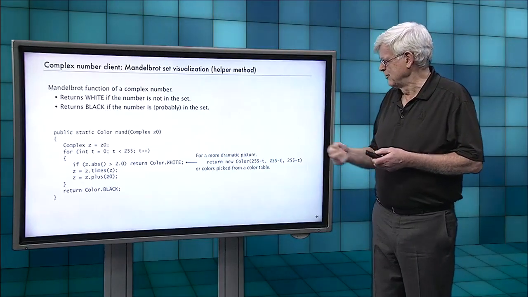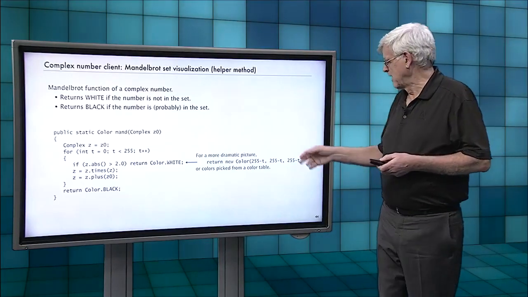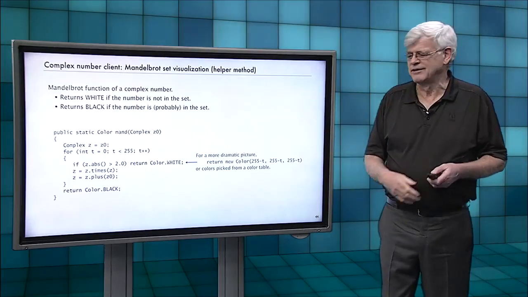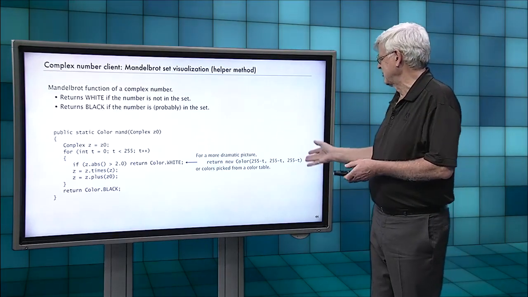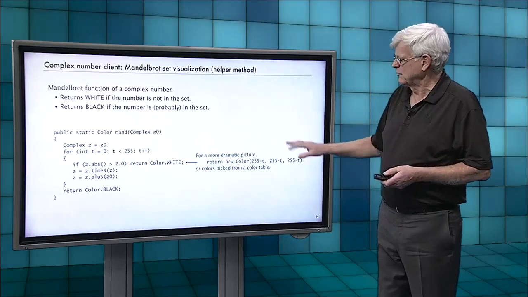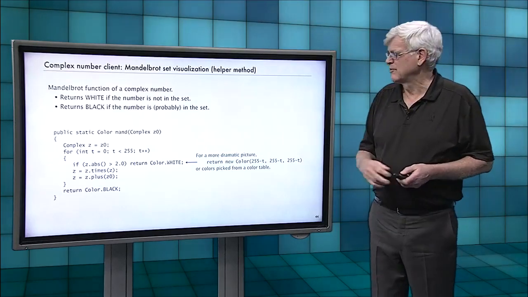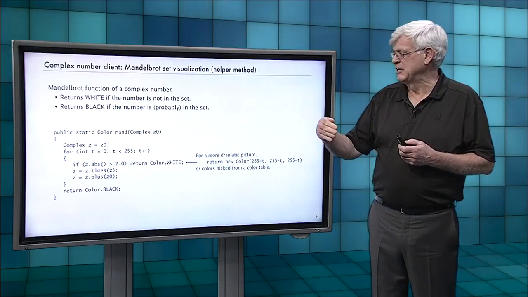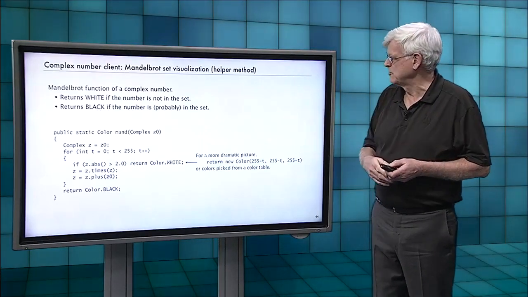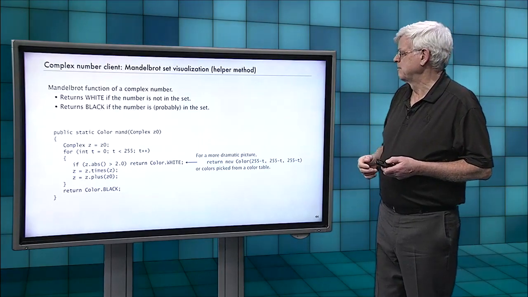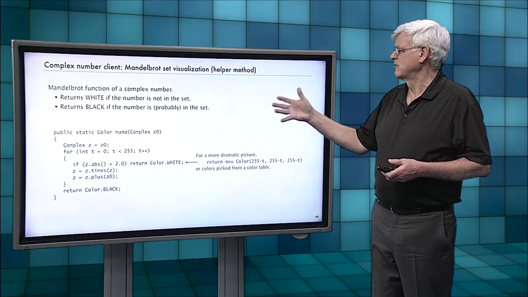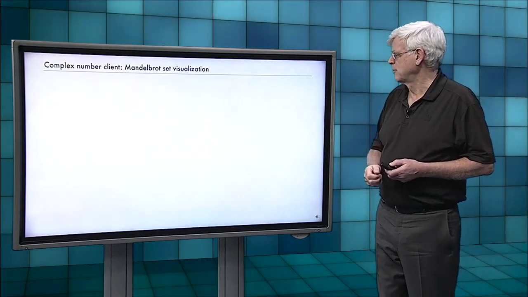So if you got above 2 right away, you'll have one color, and if it takes you all but 255, you have much closer to white. So we'll see that returns a much more dramatic picture, allowing one color for each possible time that we could have gotten bigger than 2. So that static method MAND we're just going to use to assign a color to a point.